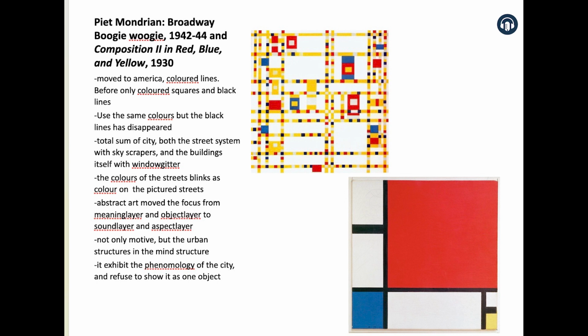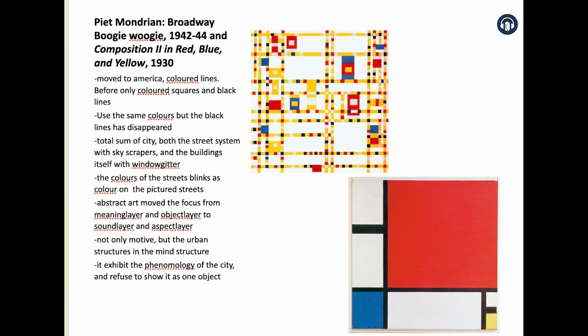And now Piet Mondrian, of whom we have two pictures here. Broadway Boogie Woogie in the upper left corner from 1942-44, and Composition 2 in Red, Blue, and Yellow from 1930 in the lowest corner. He moved to America and took his color line with him.